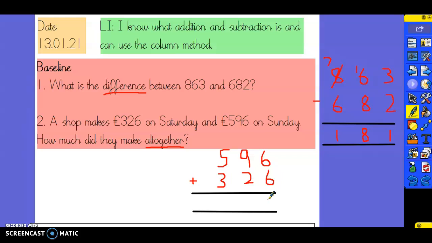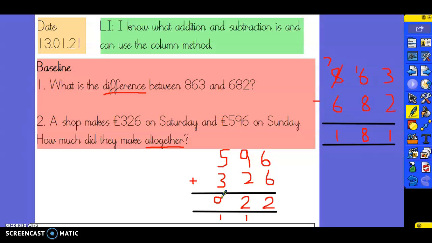6 add 6 is 12. 2 in the bar with our 10 carried over in the tens column. 9 add 2 is 11, plus our cheeky 1 gives us 12. So again, we put our 2 there, carry our 1, the hundreds column. 5 add 3, it's 8, plus 1 more is 9.